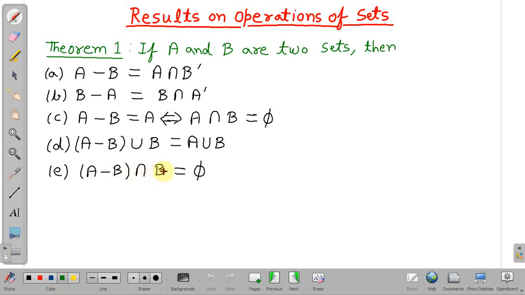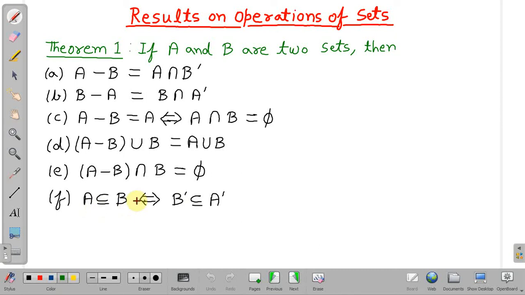The next important result: if A is a subset of B, then the complement of set B will be a subset of the complement of set A. Or if it is given that B complement is a subset of A complement, then A will be a subset of set B.